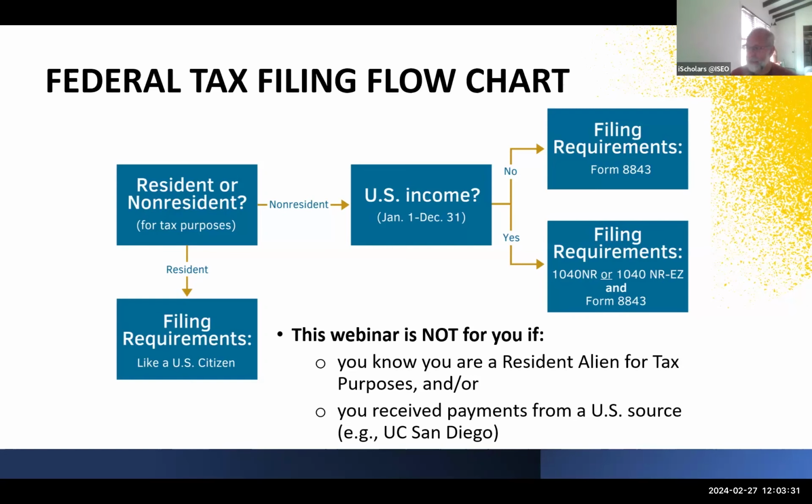If you're a non-resident, then you determine what forms you need to file. If you have any U.S. source income, then you will need to file the 1040-NR in addition to the 8843. If you have no U.S. source income, then you will only need to file the 8843.